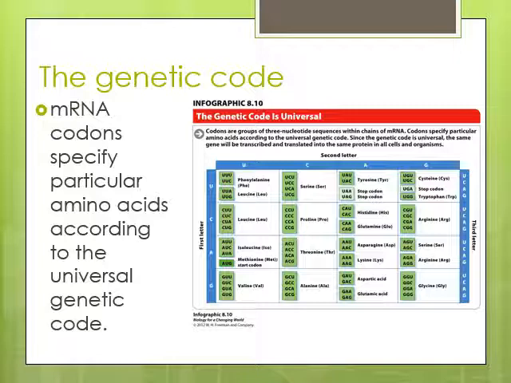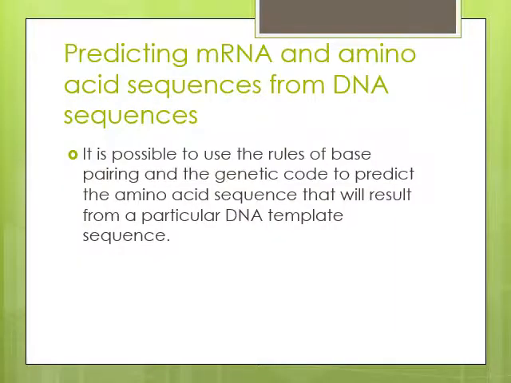Remember, there are 20 amino acids. Any of these 4 codes means you will always have valine. These 4 codes mean alanine. So it's very predictable. You can always know which amino acids you're getting, and then you can figure out what your protein is or what it looks like as well.